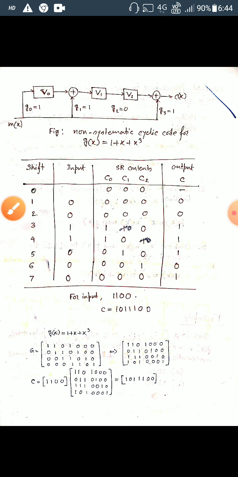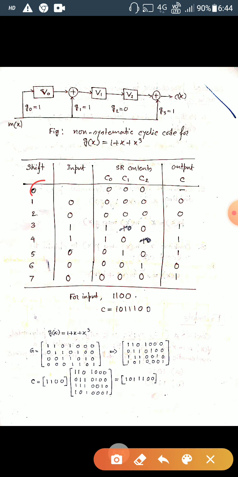Initially the input is 0, as you see when you are not applying anything, and then this is 0. The shift does not occur at that time. Okay. Now as time flows, the first data will become, as you see, the input of the non-systematic cyclic code applied at this position on the left-hand side.